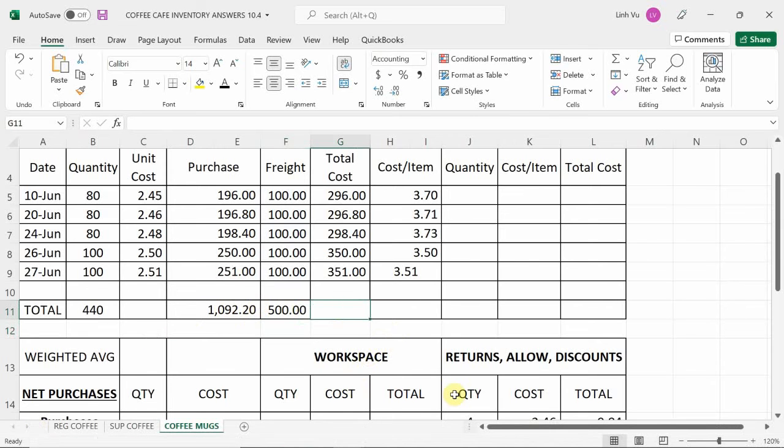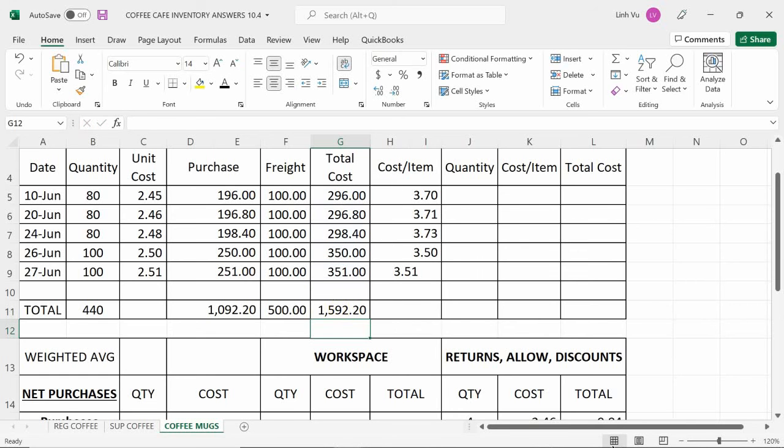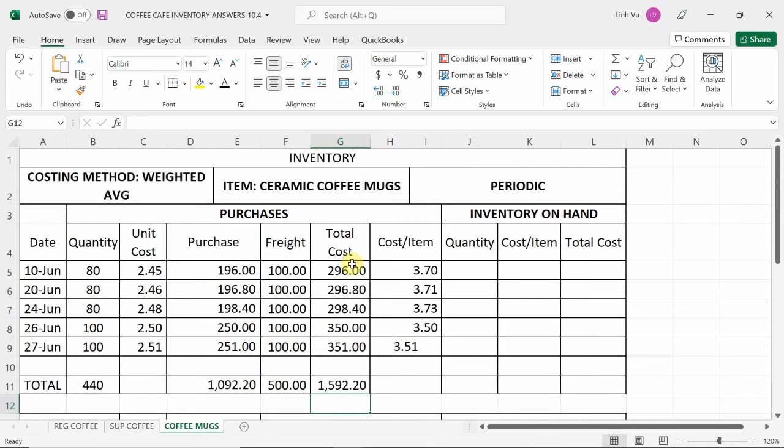So making our grand total purchase price 1592.20. Okay. Let me go ahead and redo that because we can do equal sum as well. 1592.20.